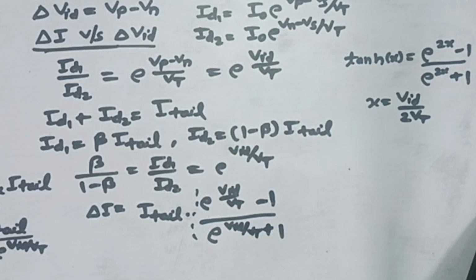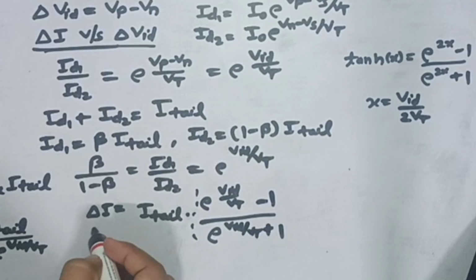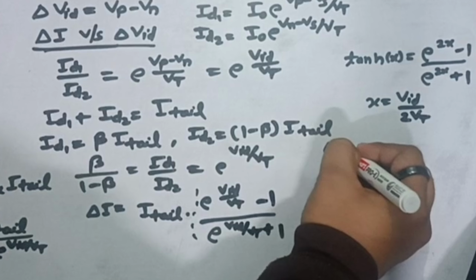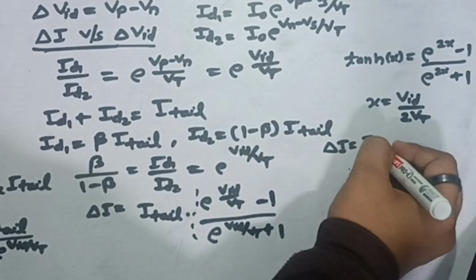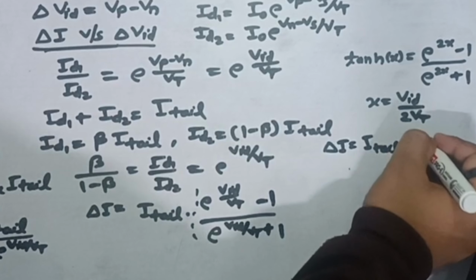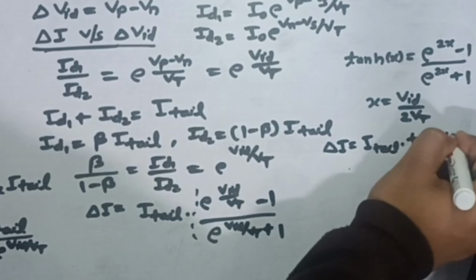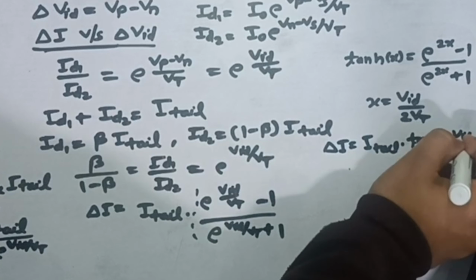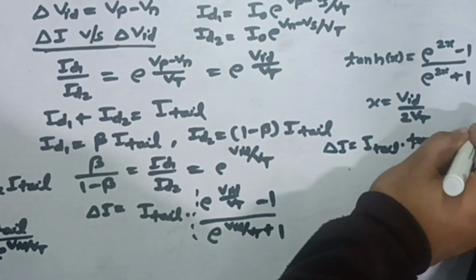So if you further solve this, I1 minus I2, which is equal to delta I, we will get delta I would be equal to I tel into tan hyperbolic VID divided by twice of VT.